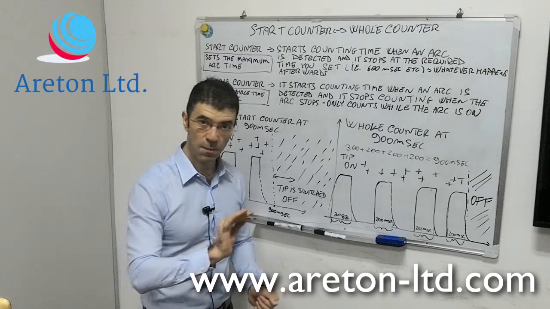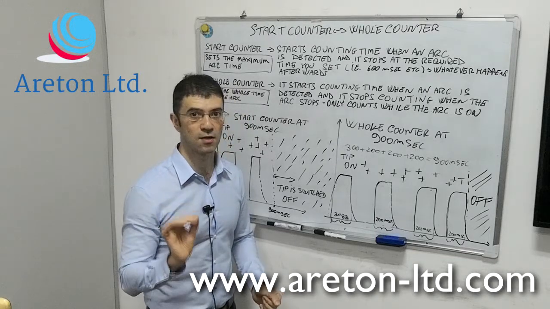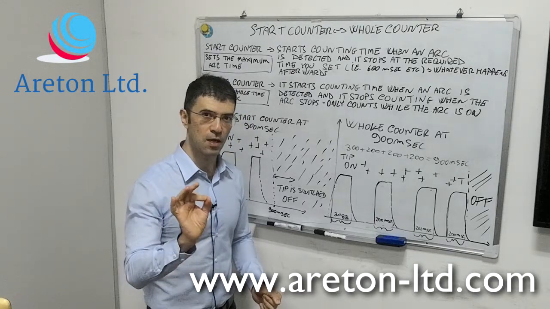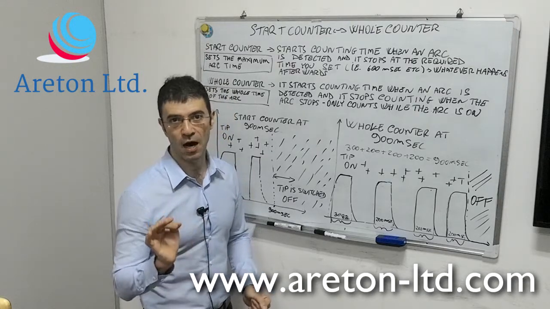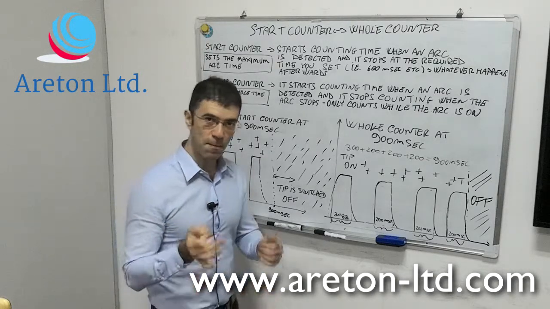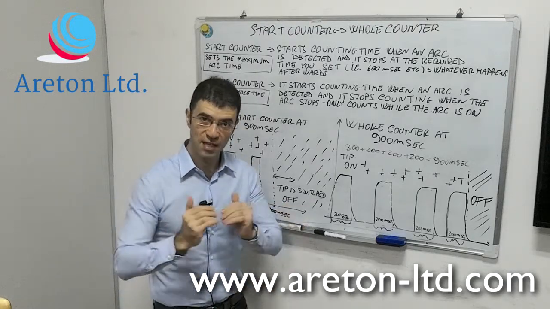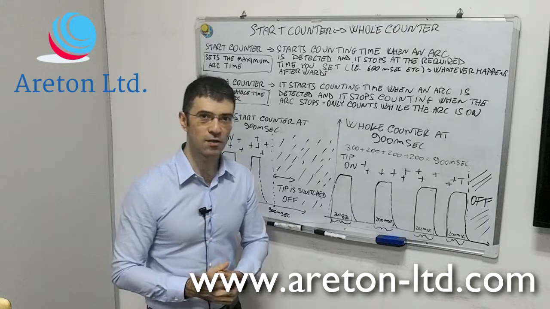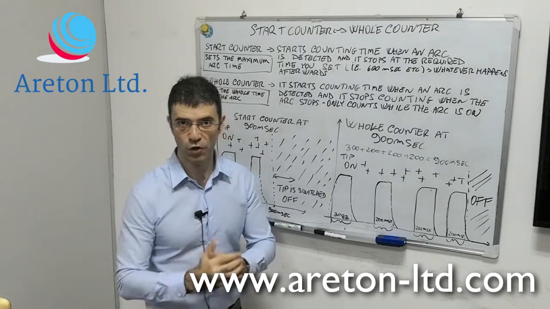It does not care about anything else, and this is the very reason why we called it the start counter. We could have called it, to make it more user-friendly, the maximum arcing time, because the main purpose of the start counter is for you to be able to set the maximum arcing time that you want. That is the main purpose of this function.